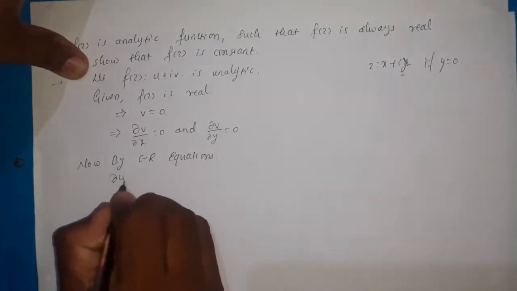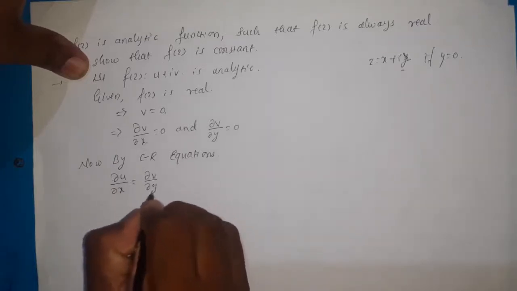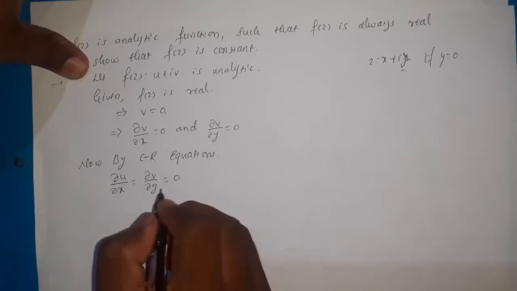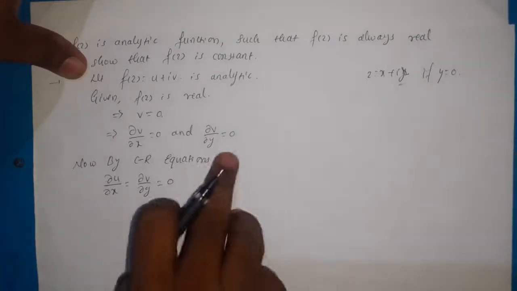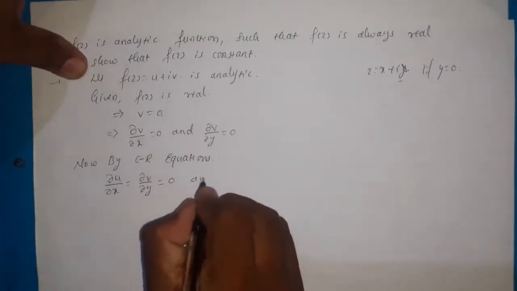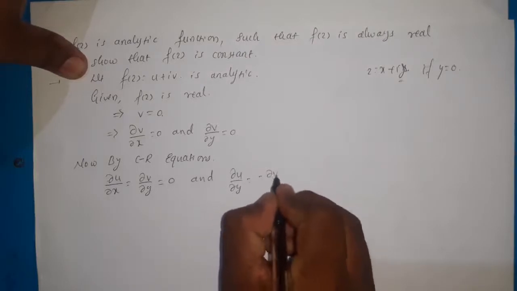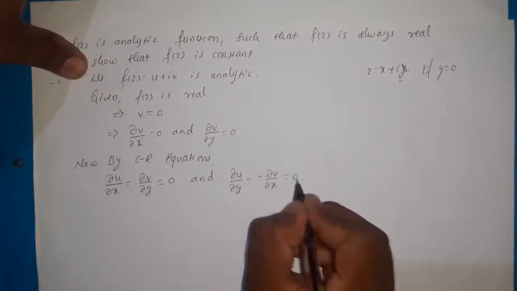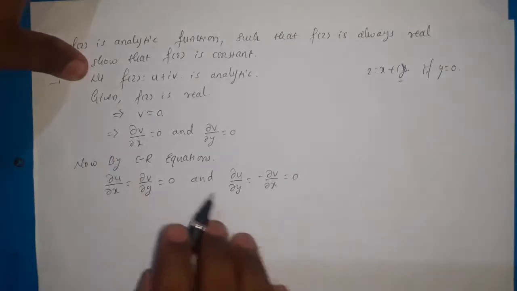So CR equations are given by dou u by dou x equal to dou v by dou y, and it is equal to 0, because dou v by dou y is already 0 since v is equal to 0, and dou u by dou y is equal to minus dou v by dou x, it is also equal to 0 because dou v by dou x is also 0.